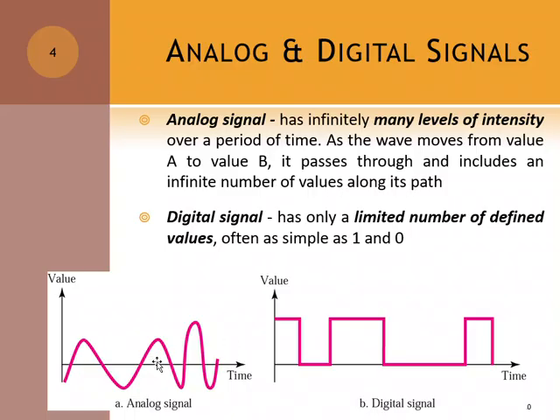So bentuknya untuk analog signal di dalam bentuk sine wave macam ni. Digital signal has only a limited number of defined values, as simple as 1 and 0. Untuk analog kita ada infinite values, dalam bentuk sine wave. Hope you can differentiate between analog and digital signal.